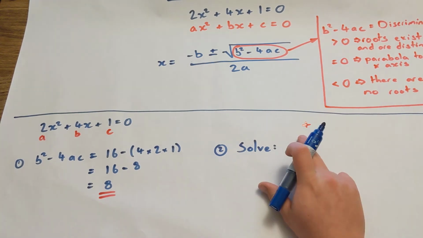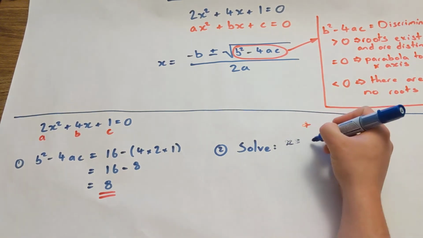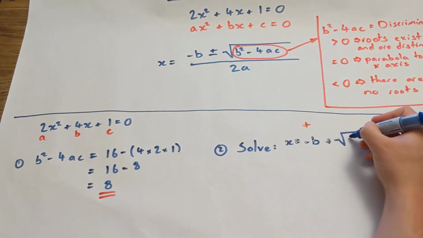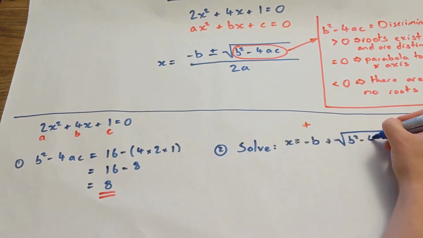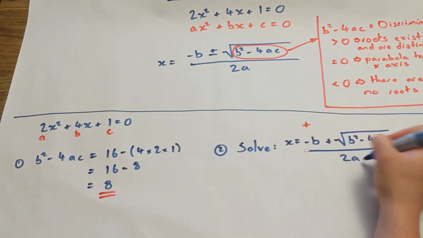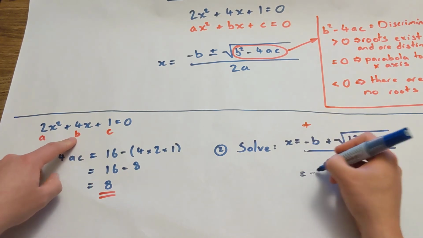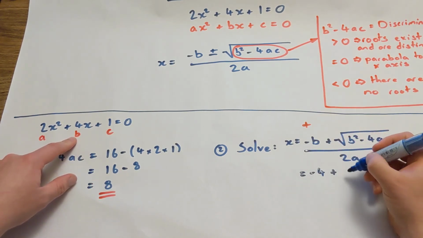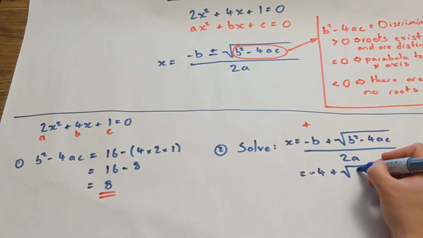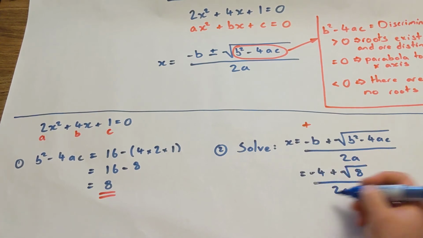First we're doing it where we're adding them, so x equals negative b add the square root of b squared minus 4ac all over 2a. So negative b, that's negative 4, add the square root of this, but we've already worked out this bit is 8, so plus the square root of 8 divided by 2a.